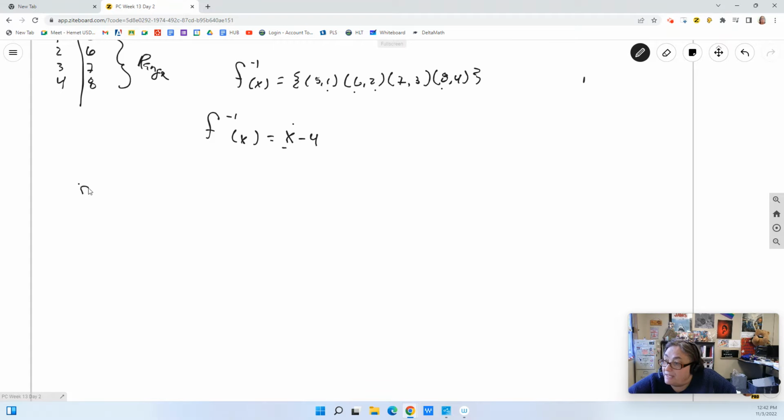So if I know that my f of x equals x plus 4, and I believe that my inverse, f of negative 1 of x, equals x minus 4, because we were just undoing what was being done to x, doing the opposite, it basically says that if I compose f of x and plug in the inverse, I should get x back when I'm done.